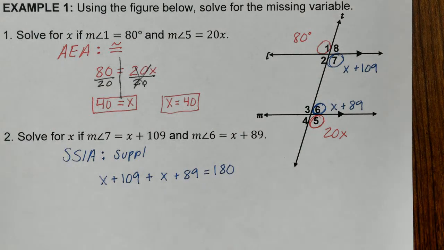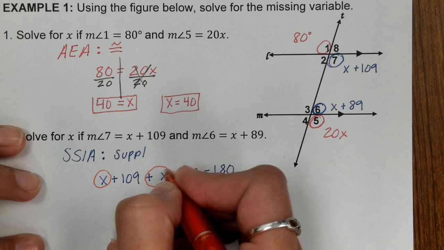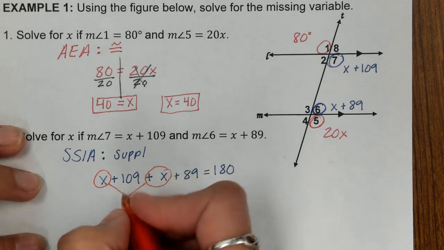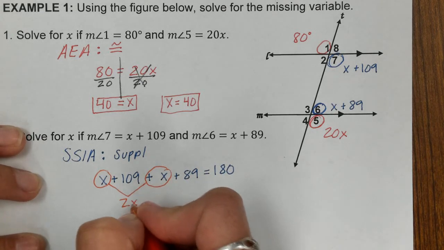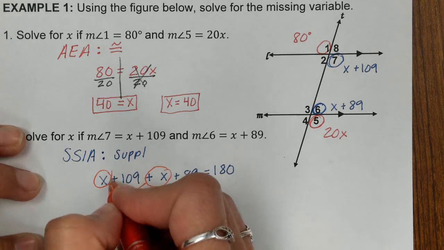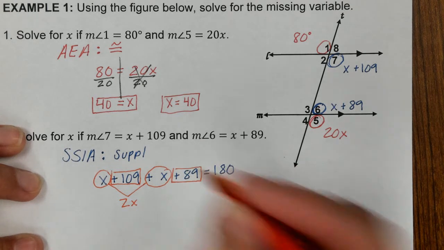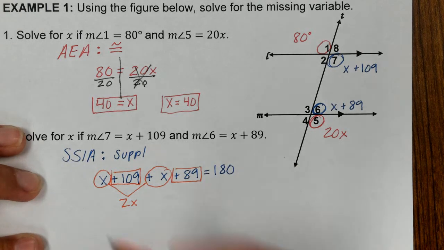The first thing we need to do with this problem before we start moving things around from one side to the other, you have to remember we need to combine these like terms first. We combine these two x's and we get 2x. And then we combine our positive 109 and our positive 89.